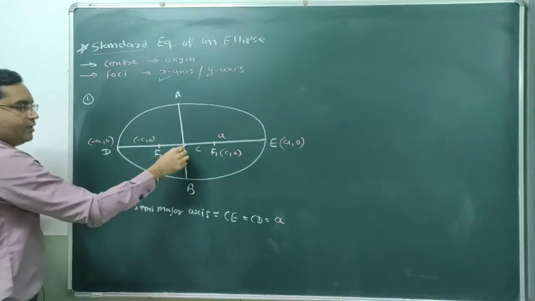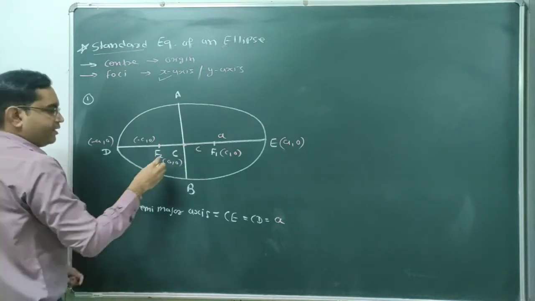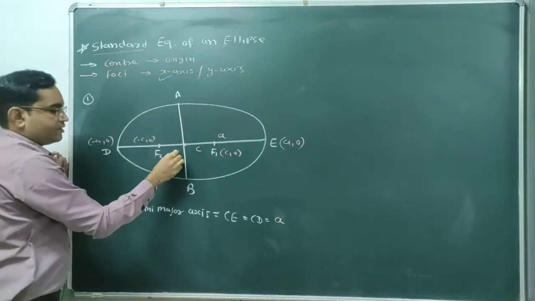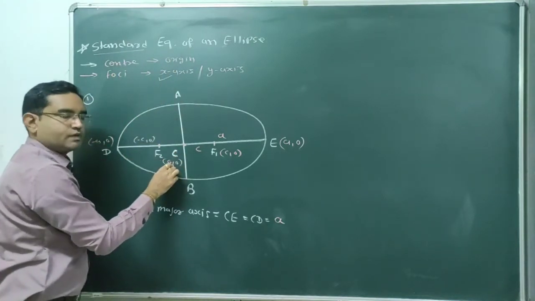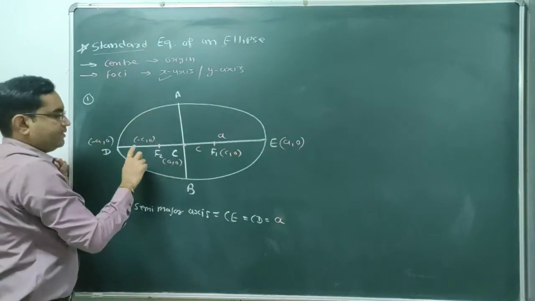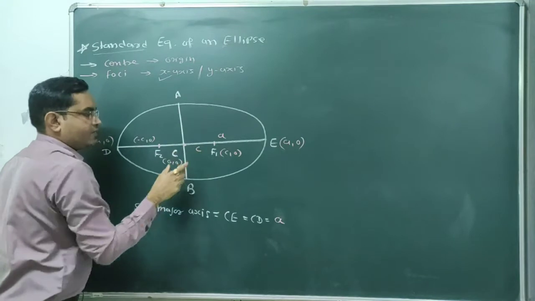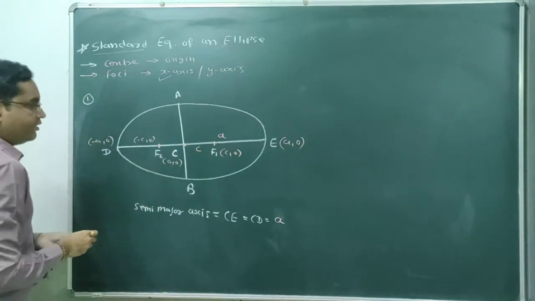Clear, students? Coordinate of this center, this is capital C. So our center lies at origin. So coordinates of this center C will be 0, 0. Done? Foci, in this case, this is first case. In this, our foci lies on x-axis. So this is known as horizontal ellipse.